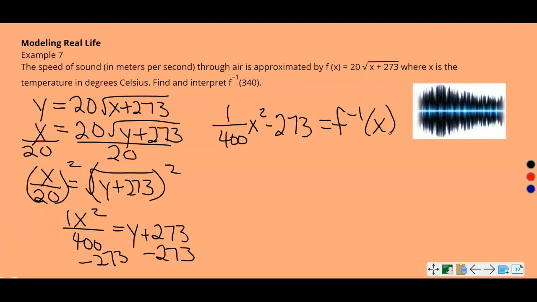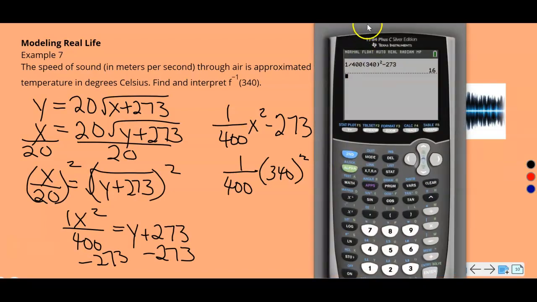All right, so first I find the inverse: 1 over 400 x squared minus 273. And then I need to simply plug in the 340. So let's do that. 340 squared minus 273.